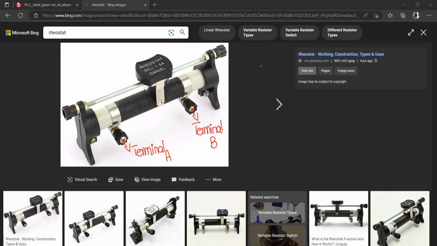Yes. And in the center you can see that there is a cylindrical wire wound over a circular rod, and the third part is the slider. This upper part is known as the slider.